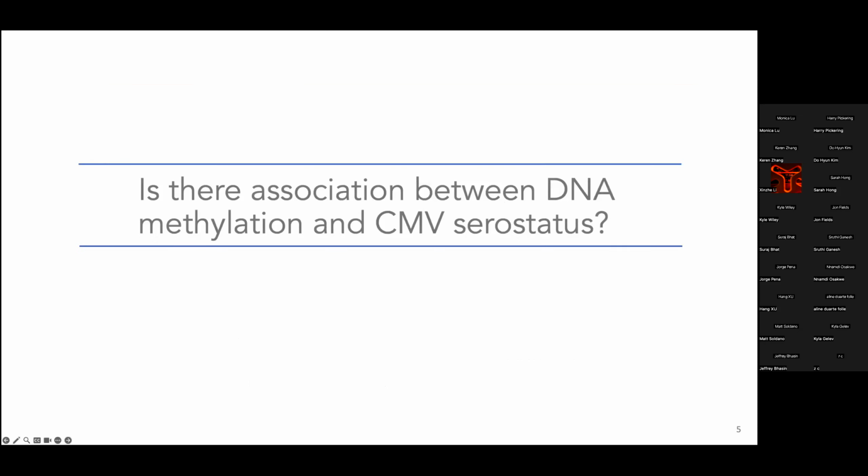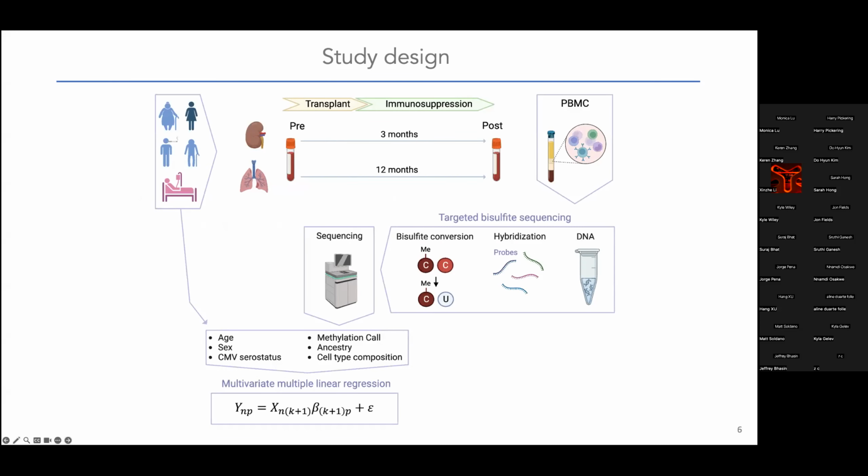So the first question we want to ask is whether there is any association between DNA methylation and CMV serostatus, in other words, whether CMV infection causes any changes in DNA methylation. Okay. So we have the study design shown in this graph. This is a clinical study where we recruit human subjects.